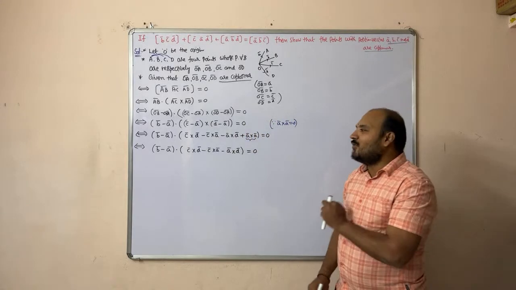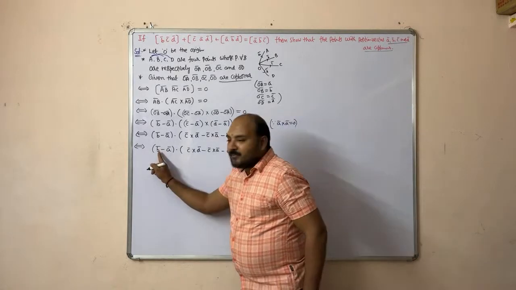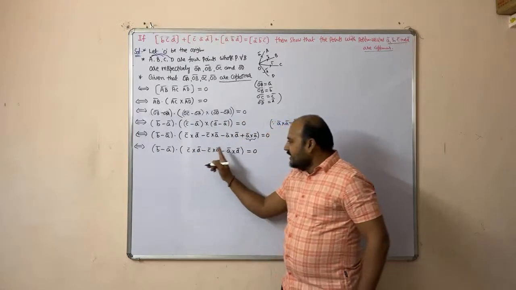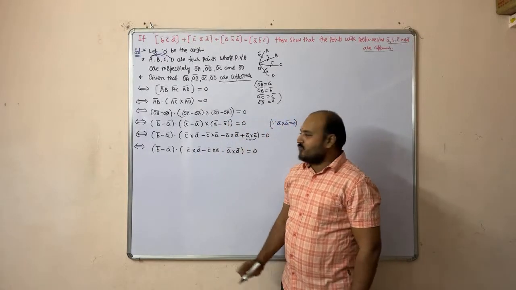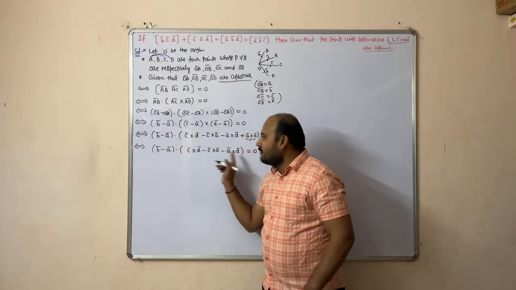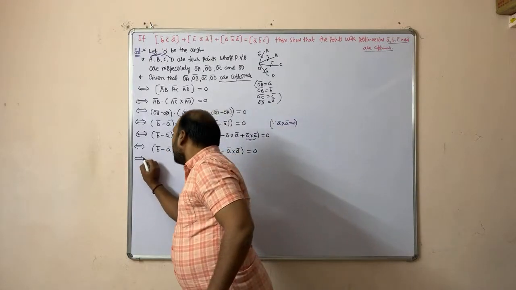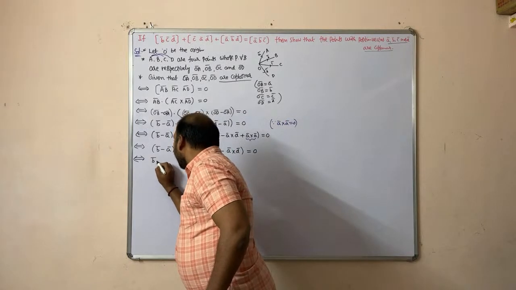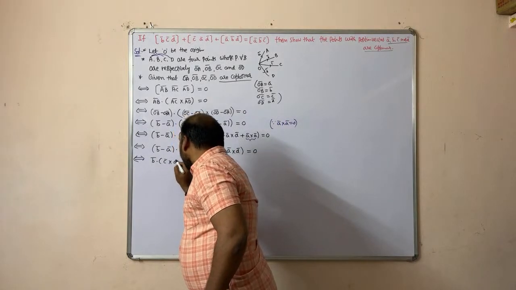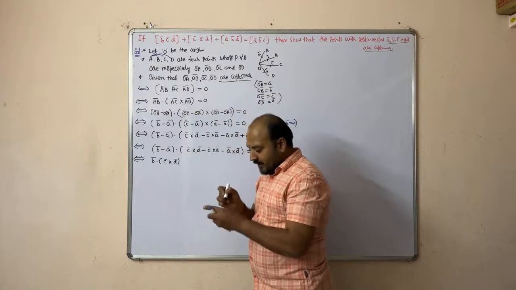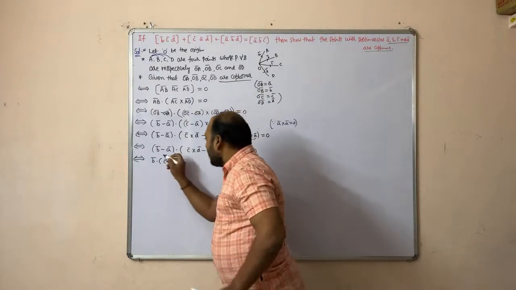Okay. After that, B bar into each and every term of this vector, next each and every term multiplying with minus A bar. So, if and only if B bar dot C bar cross D bar. So, these two completed. I will write it for your convenience.